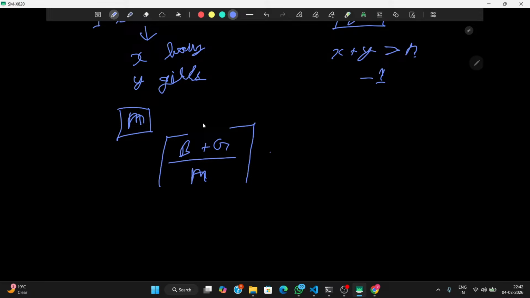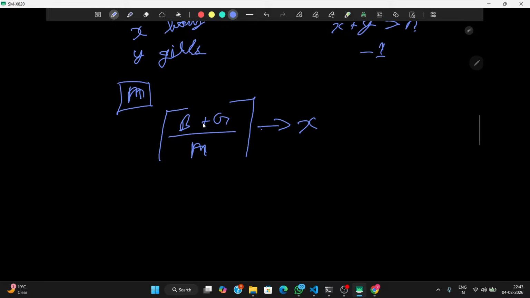Suppose now the question is whether it is possible that we cannot accommodate the given number of people in these rooms, and we need some more rooms to accommodate them. Suppose the ceil of (B plus G) by N is x, and suppose the actual answer is y, which is greater than x.